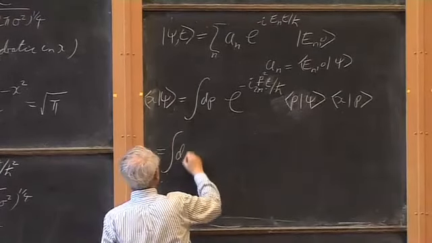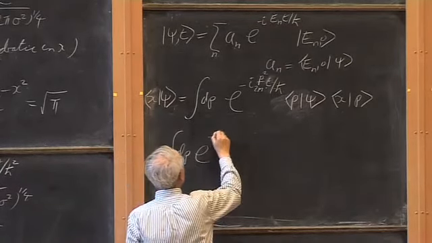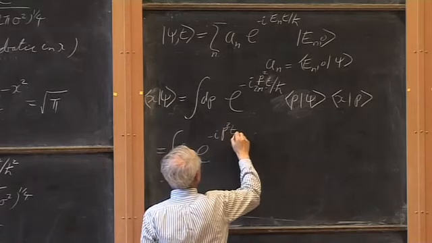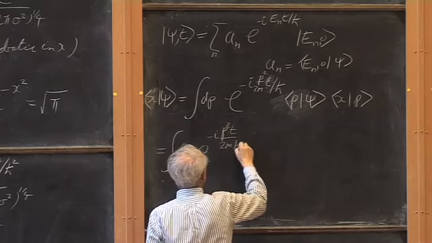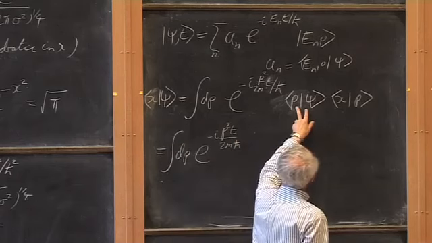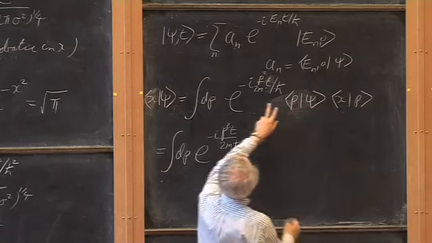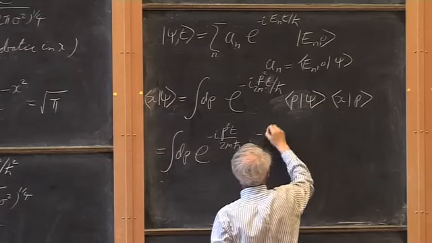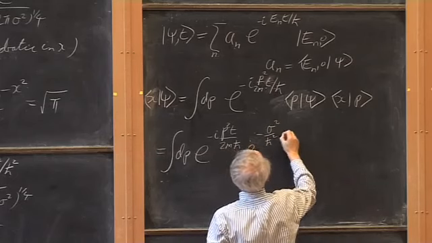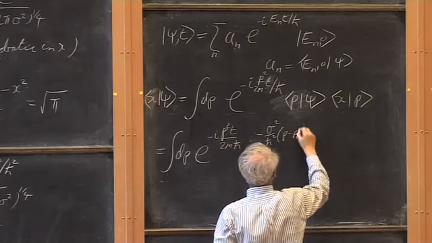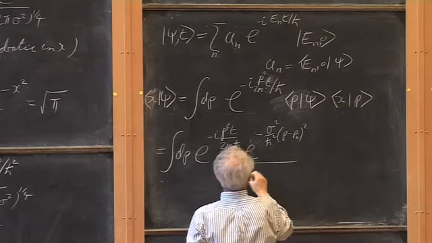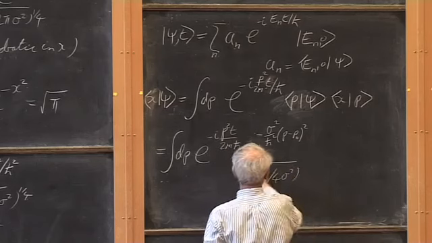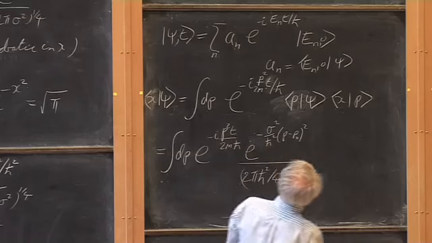So this is a dirty great integral, dp, e to the minus i p squared t over 2m h bar. Let's keep to the right order. Then here we have what we said it was going to be, e to the minus sigma squared over h bar squared, p minus p naught squared, over a horrible 2 pi h bar squared over 4 sigma squared to the 1/4 power, if I've got that right.